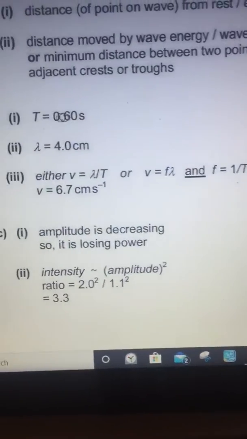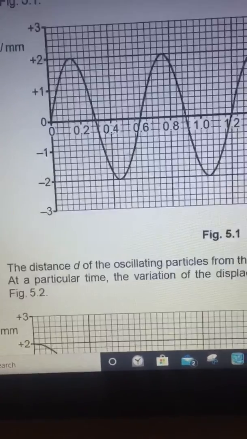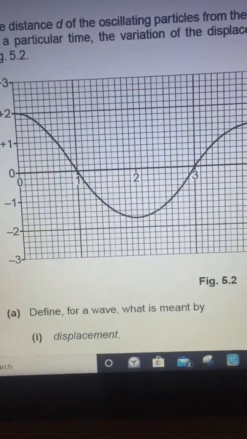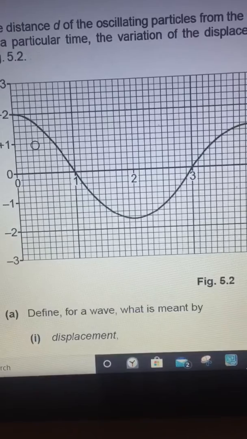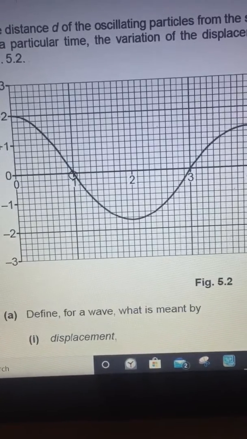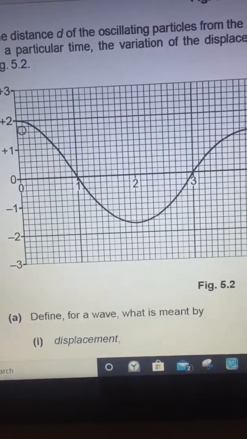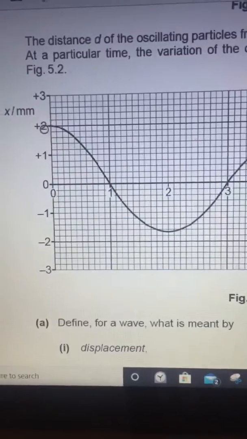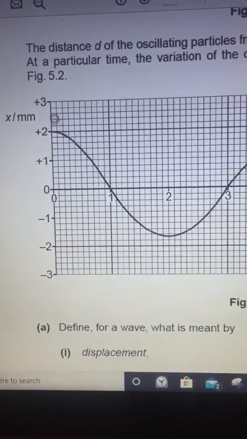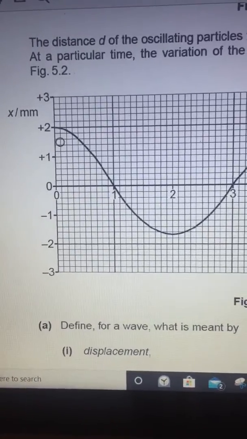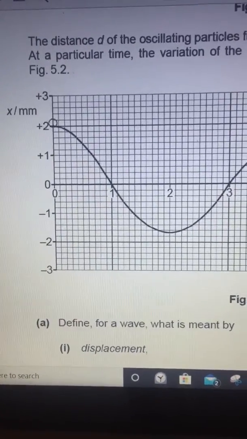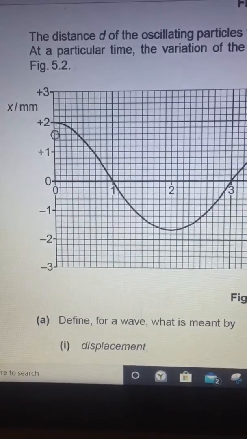Yes, 0.60 seconds. Then the wavelength, you have to use this graph, so it's better to start somewhere where we know that the graph is actually cutting the axis. We are not sure whether this is the peak, right? It might be the peak or a bit less than the peak, we never know.